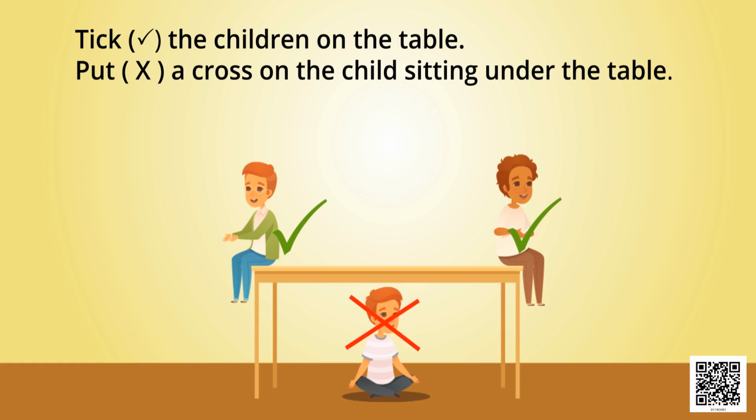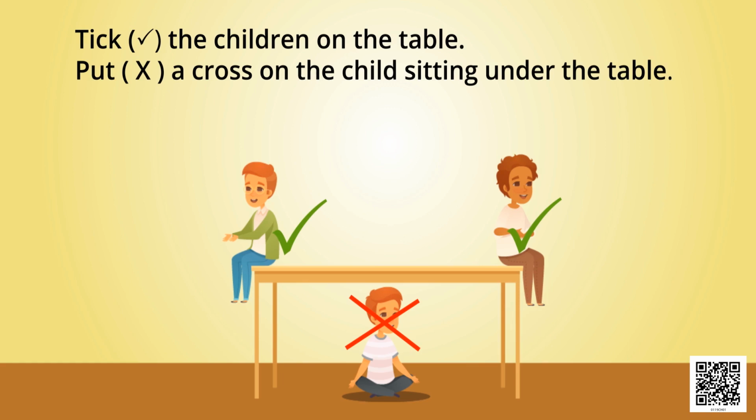That boy is under the table, ma'am. Yes, correct. That boy is under the table. So, you have to put a cross on him and all others are sitting on the desks. So, can you see some child or some children on the table?